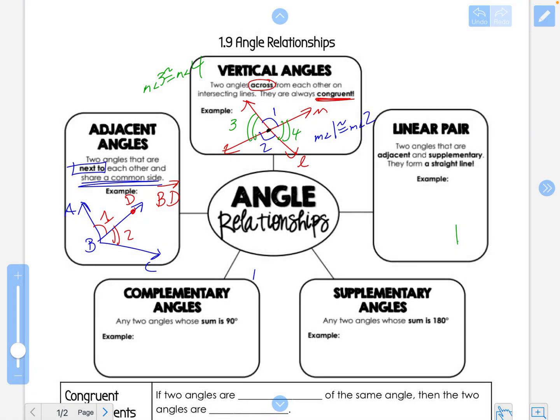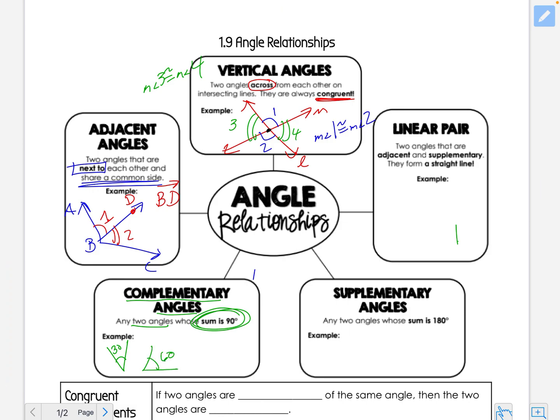Next, we're going to talk about complementary angles. Complementary are any two angles whose sum is 90 degrees. So we can have, let's say, this angle here, which is 30 degrees, and then this angle here, which is 60 degrees. These two angles would be complementary angles.